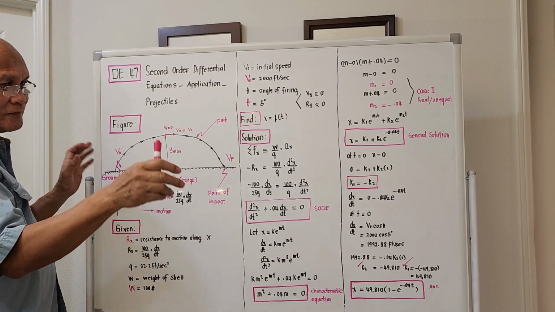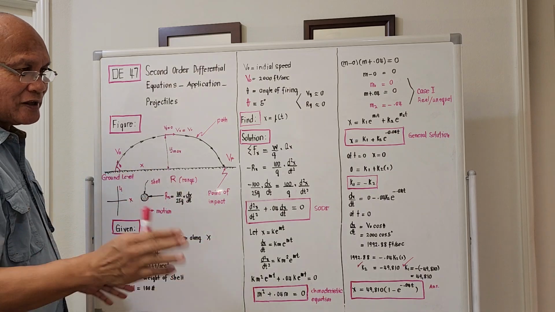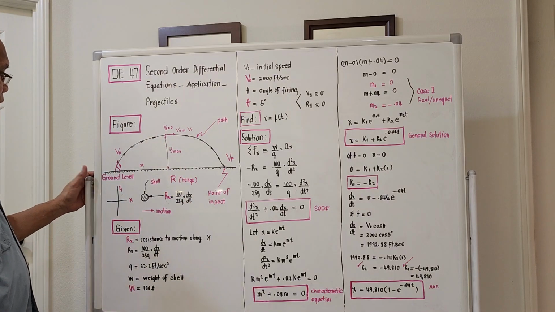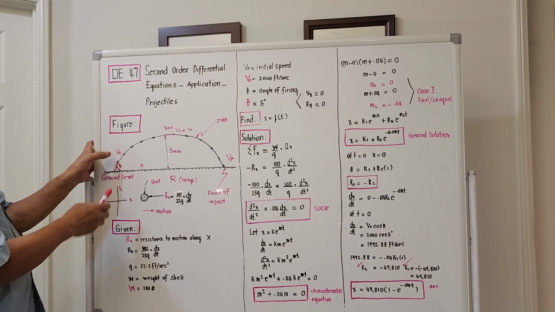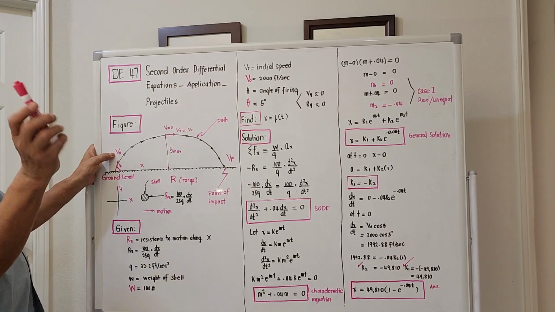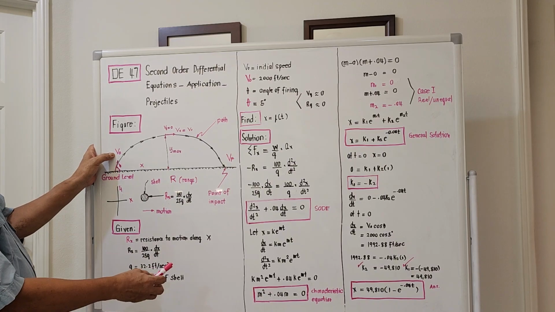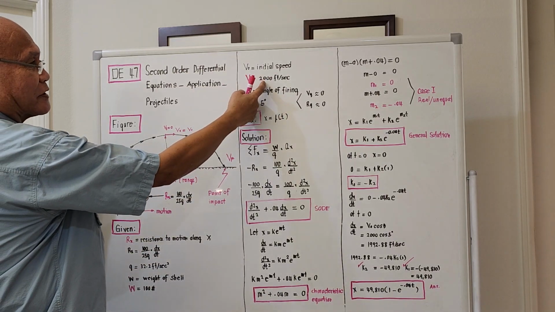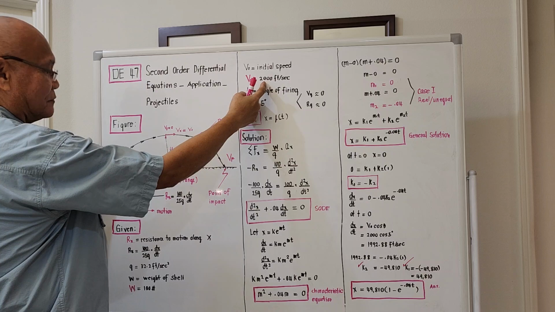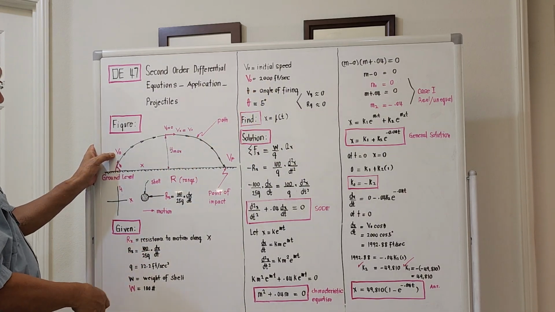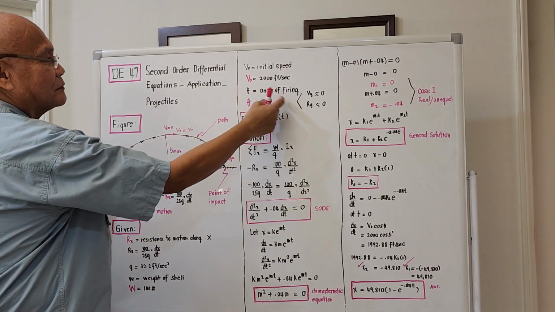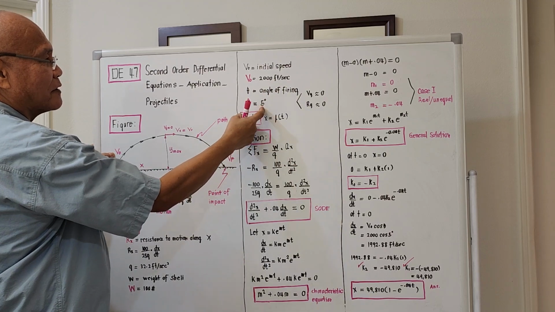I will give you the data for this problem. The initial velocity of the nozzle is 2,000 feet per second, and the angle theta, the angle of firing, is 5 degrees.